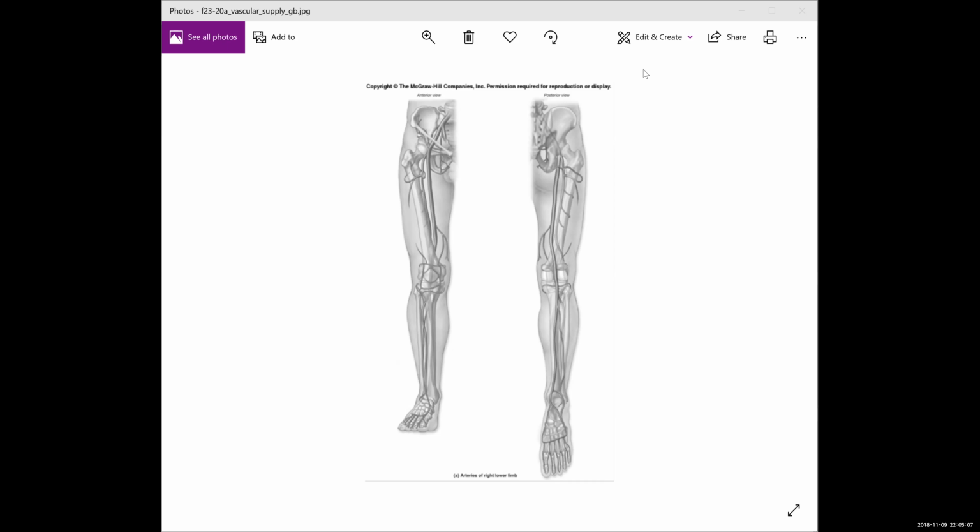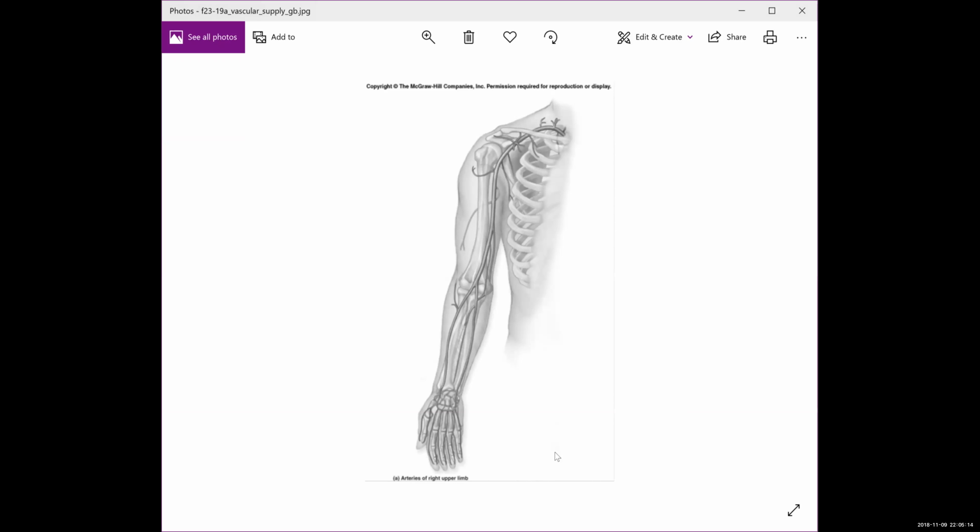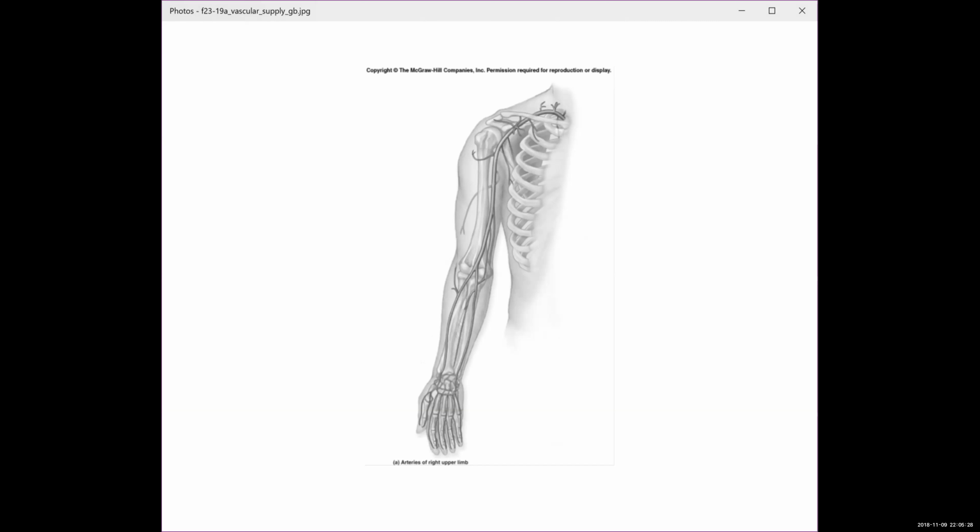Take a look at our veins. Okay. Actually, I lied. That's arteries. Okay, look for my arteries. I have them out. Oh, no, I can't see it there.